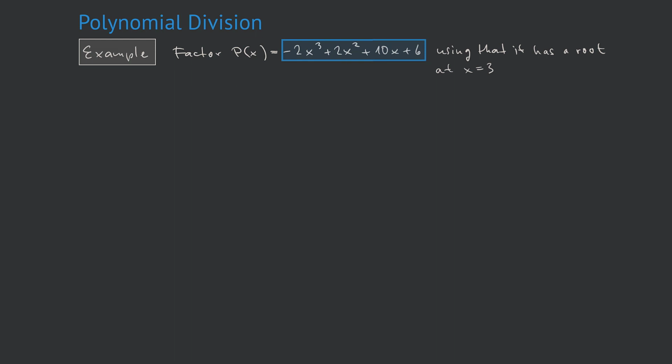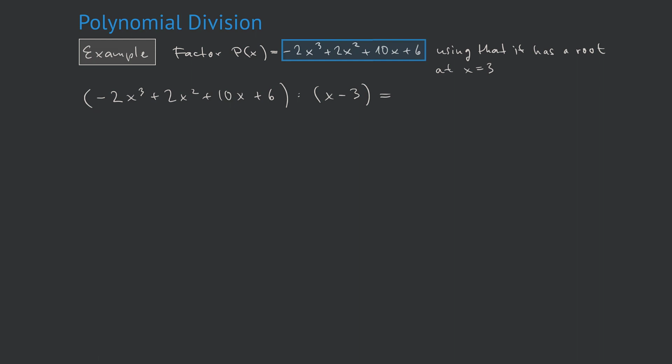So let's perform this now. We rewrite p of x, which is negative 2 times x to the third power plus 2x squared plus 10x plus 6, and we divide this by x minus 3.